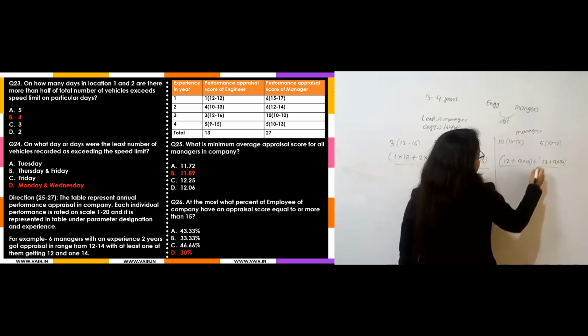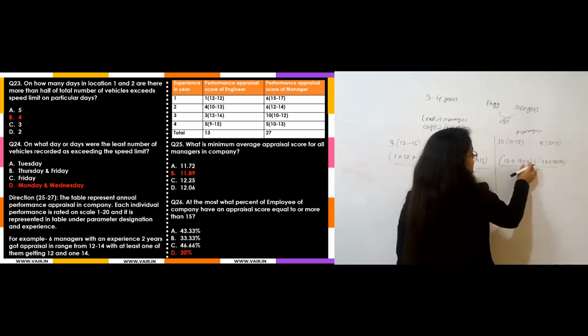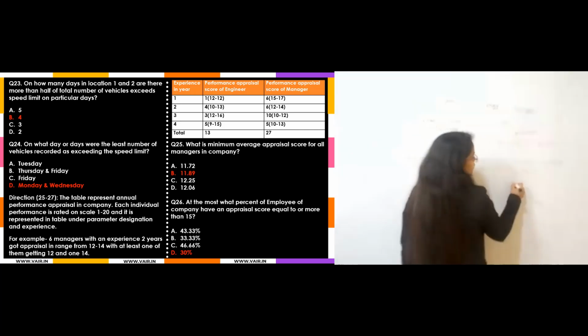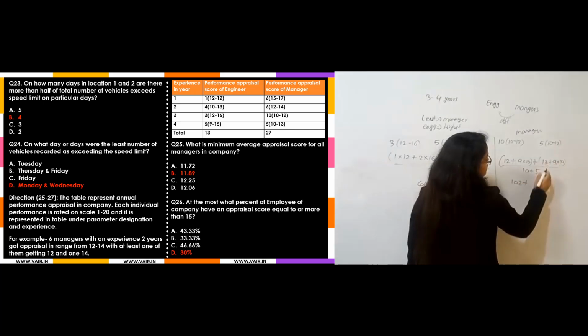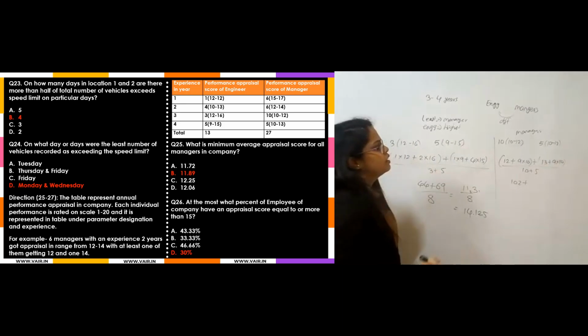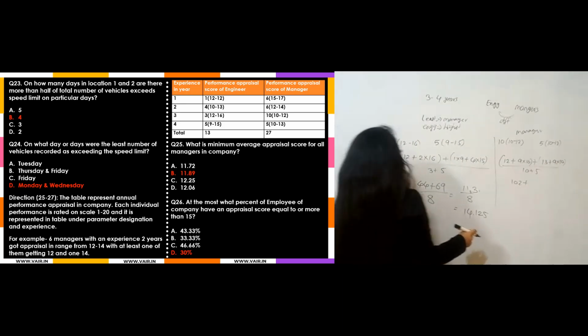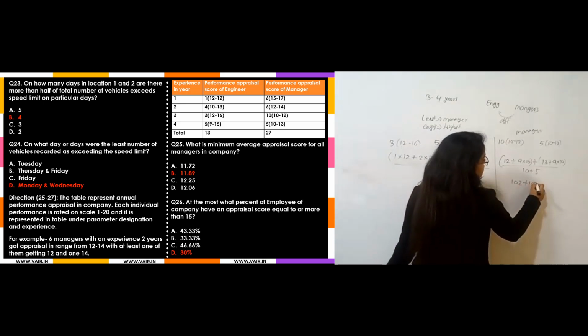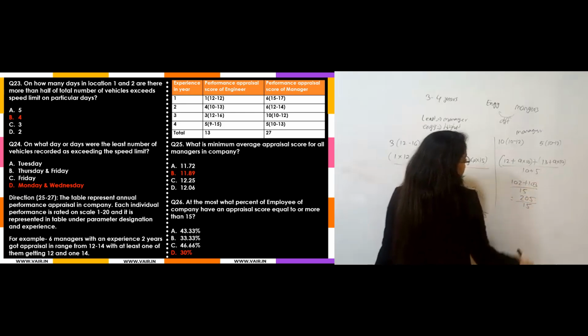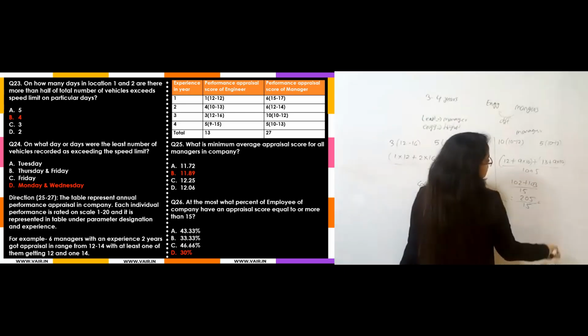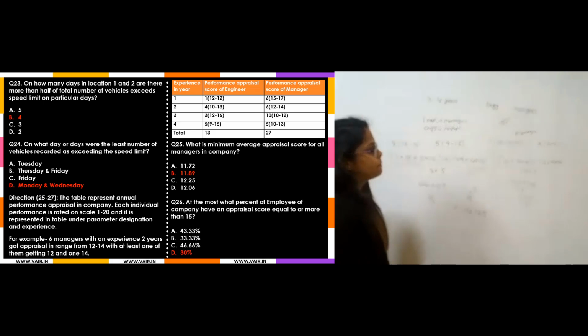Divide by 10 plus 5. So what will it be? 10 9s are 90 plus 12 will be 102, plus 40 plus 13 will be 53. So 102 plus 53 will be 155 by 15. Did we make any mistakes or what? No.